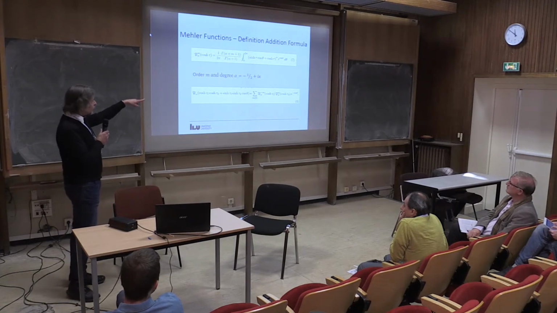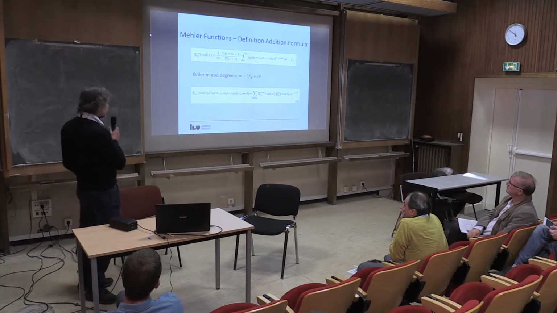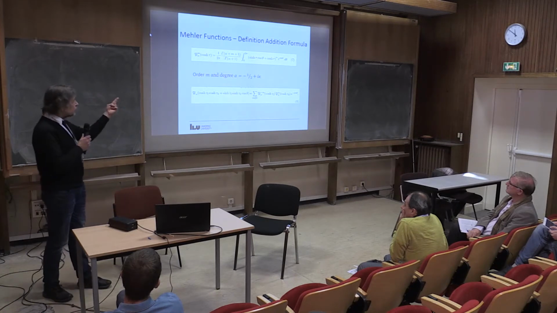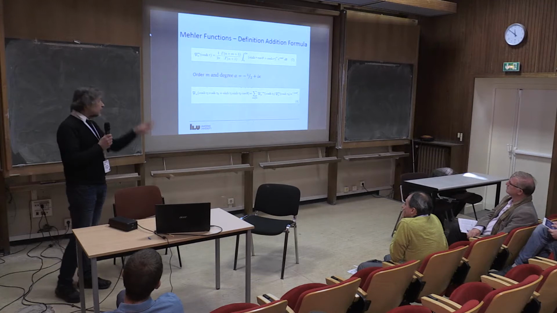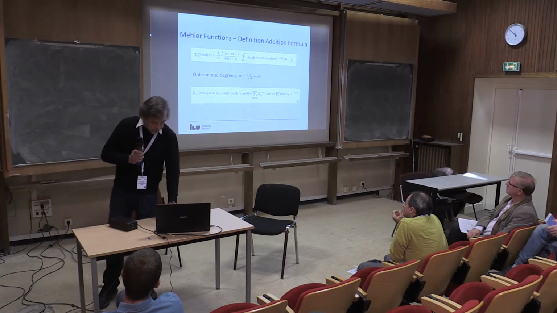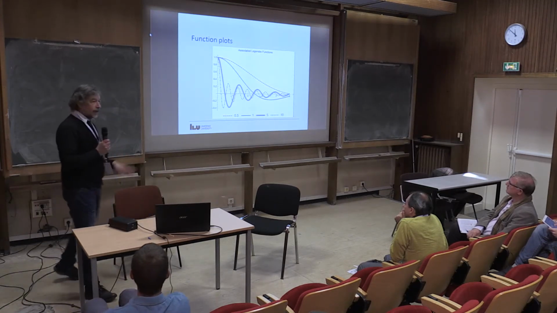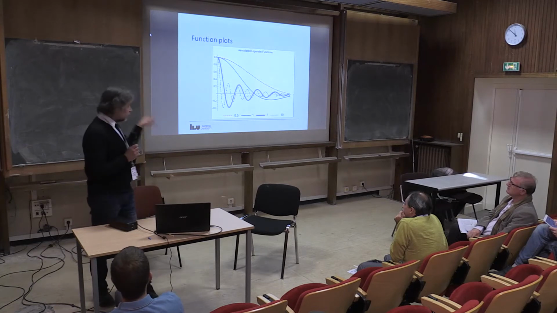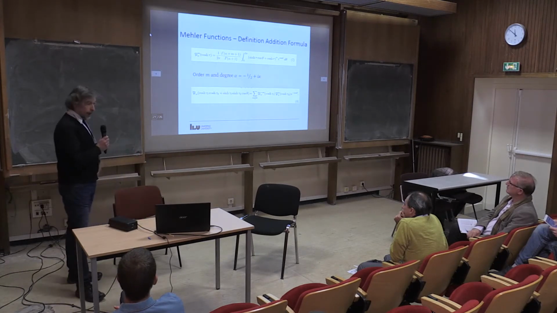And they fulfill this property that you can factorize the group product into products of the functions. So they are diagonalizing these types of operations. Okay, that's how they look. And you have a whole interval of these things, and you also have an order M here.